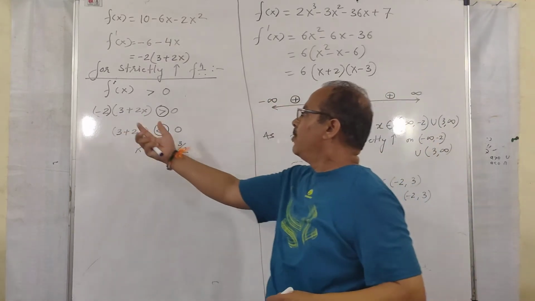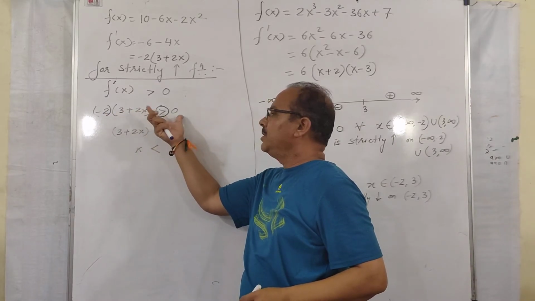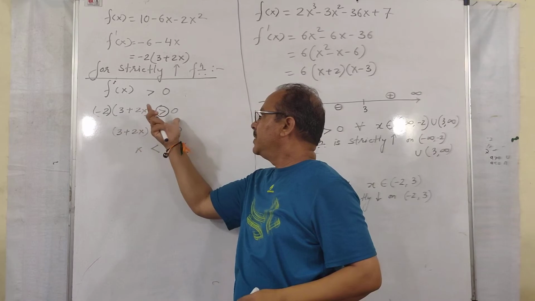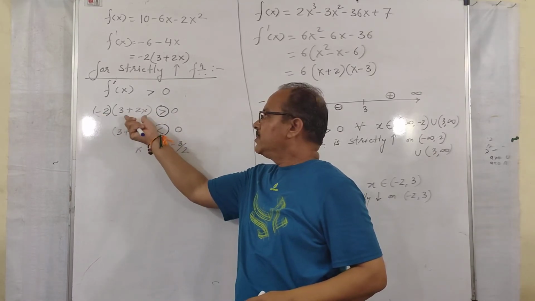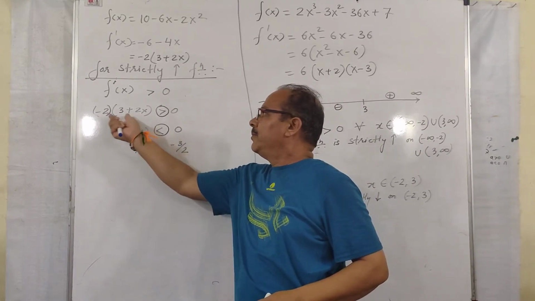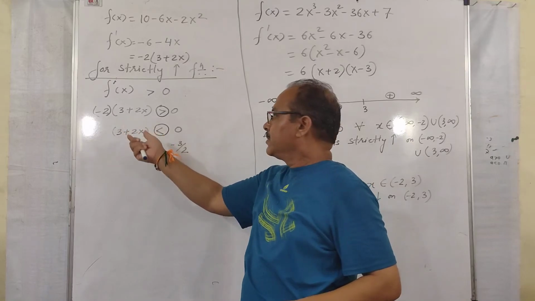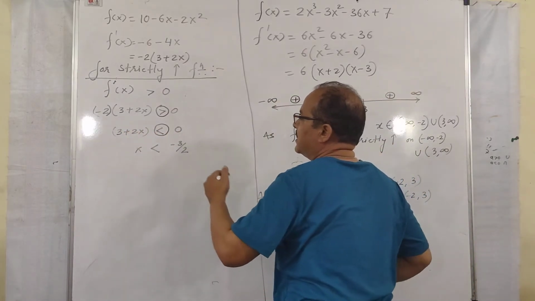This quantity is positive, but we are viewing that this is a negative quantity, so this must be a negative quantity, then only they will make a positive quantity. So that's why I am writing 3 plus 2x less than 0, or x is less than minus 3 by 2.